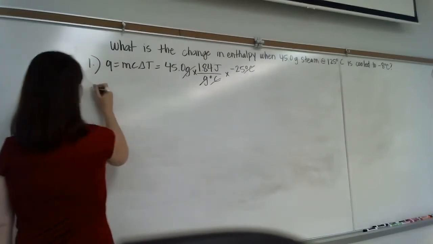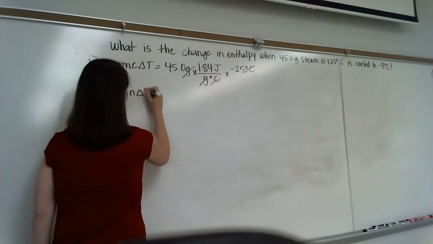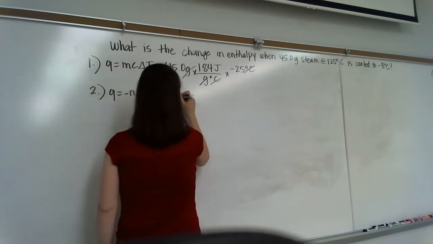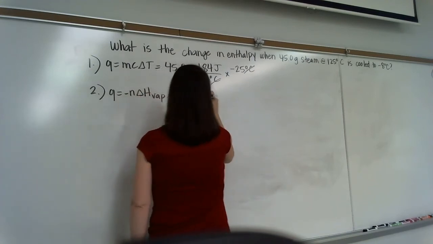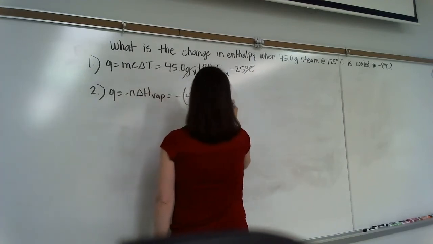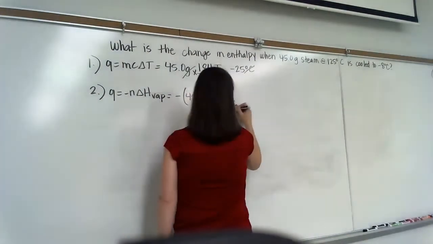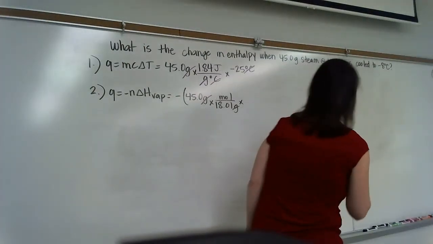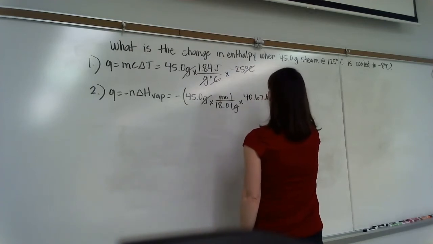I'm going to write everything on the board, and then I'll do the arithmetic all at once. 2, Q is equal to negative N delta H vaporization. So negative, 45 grams times 18.01 grams per mole, so grams cancel, times 40.67 kilojoules per mole.